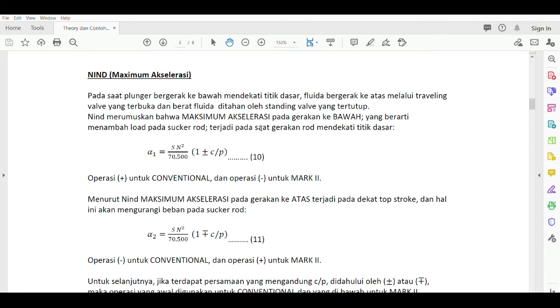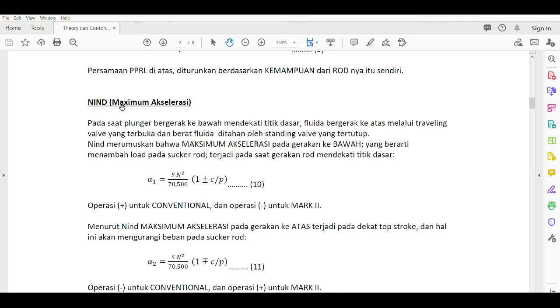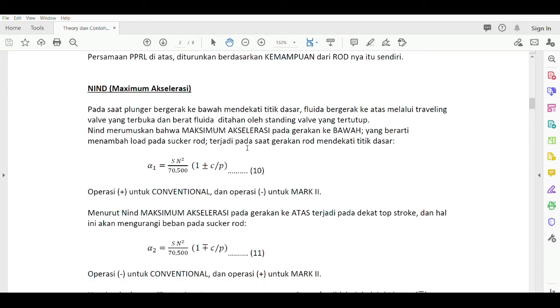Let's also talk about the acceleration. So Nin explained that when the plunger moves down and gets close to the bottom point, that's where the acceleration is maximum when going down. So there is an additional load close to the bottom.